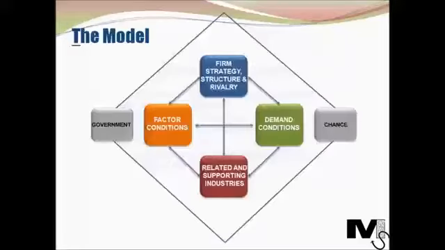Now let's look at the actual model. There are 4 factors in the model that determine national competitive advantage. These 4 factors are firm strategy, structure and rivalry, demand conditions, related and supporting industries, and factor conditions. If all 4 factors are favorable, domestic companies will continually innovate and upgrade themselves and thereby stay competitive.